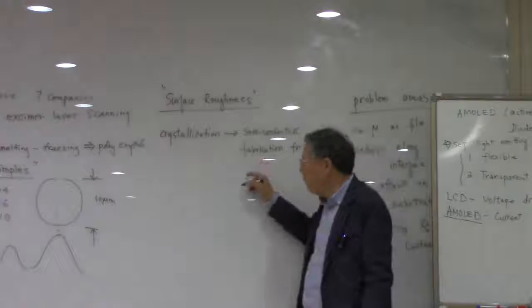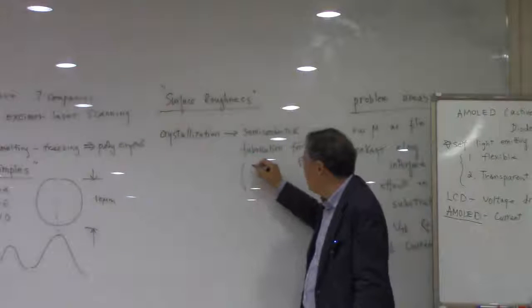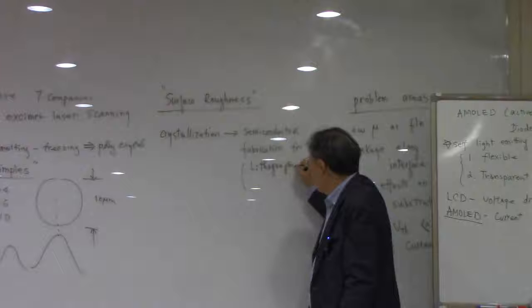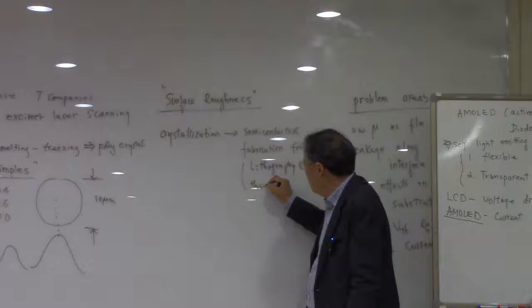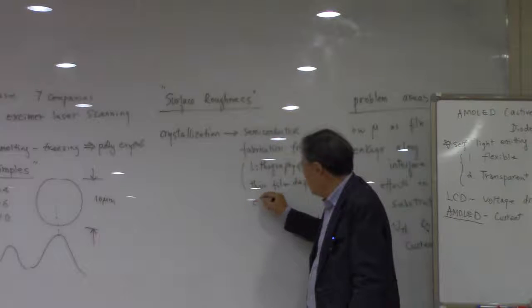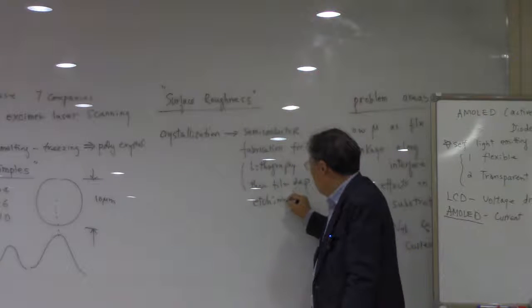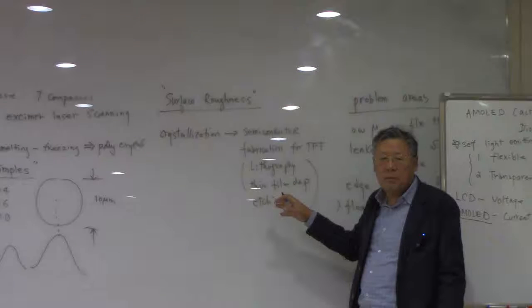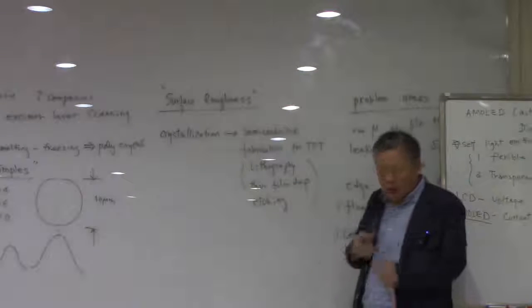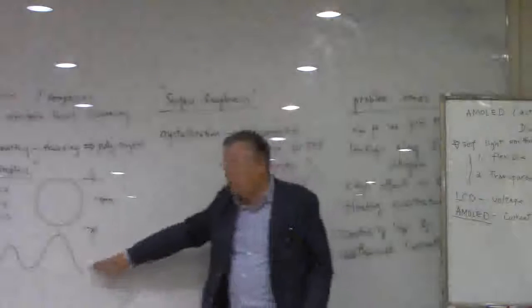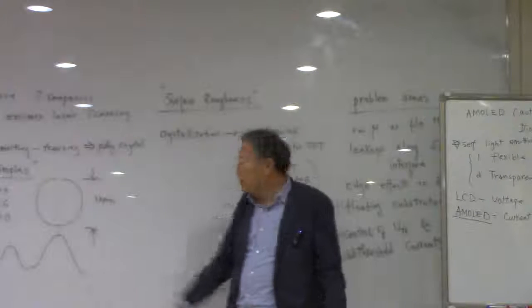And these semiconductor processes include the lithography, thin film deposition, and then etching. All those micro patterning processes cannot be carried out if the surface becomes this rough, okay?